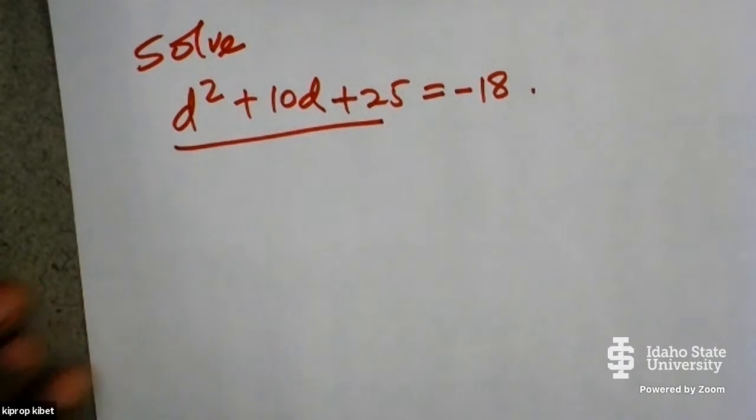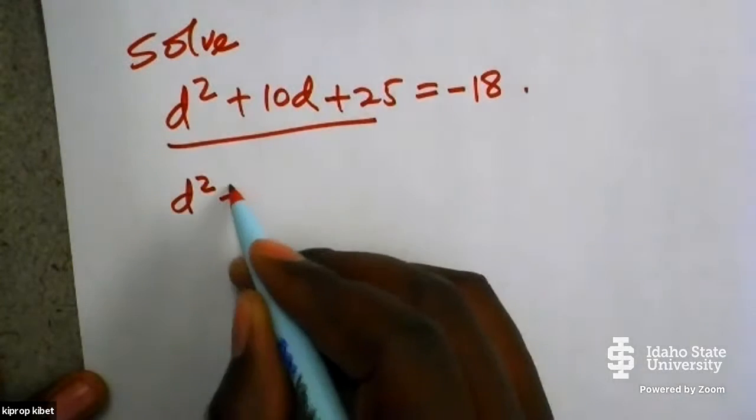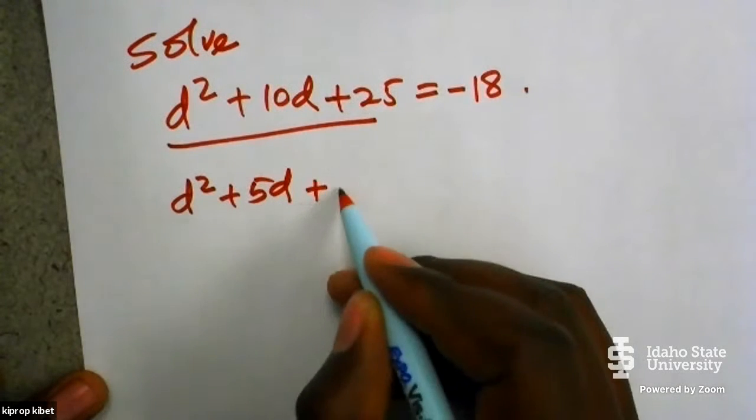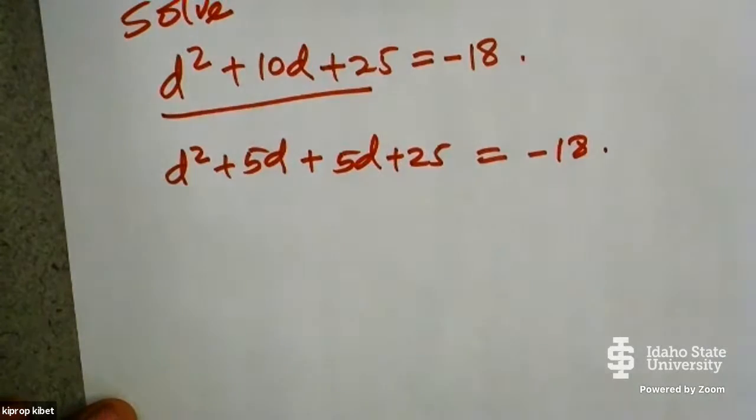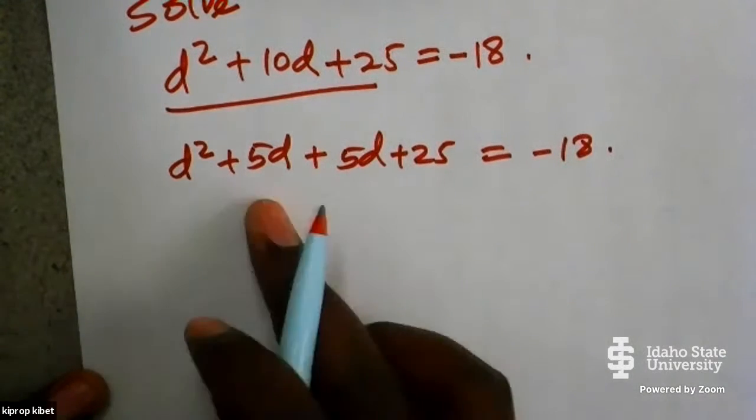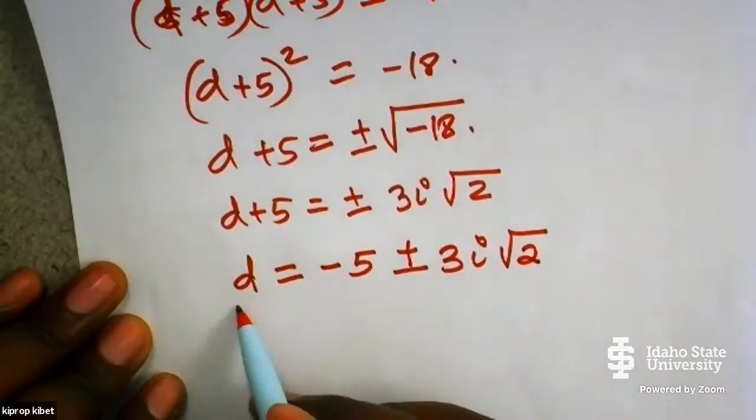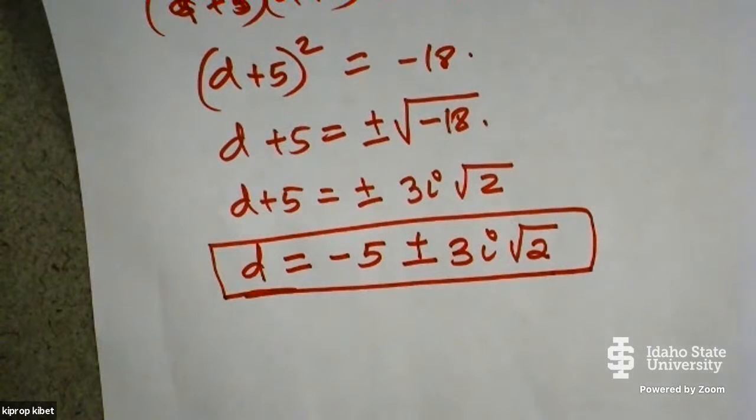So when you solve d squared plus 10d plus 25, what are the roots there? It's similar to d squared plus 5d plus 5d. So when you group these ones, then two.